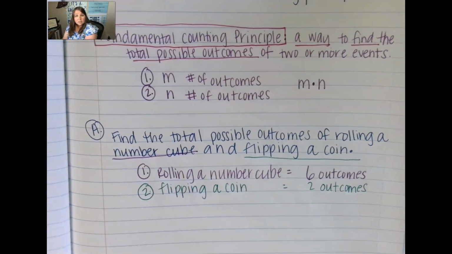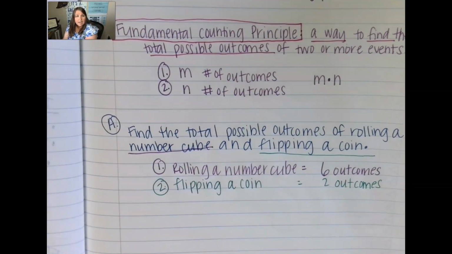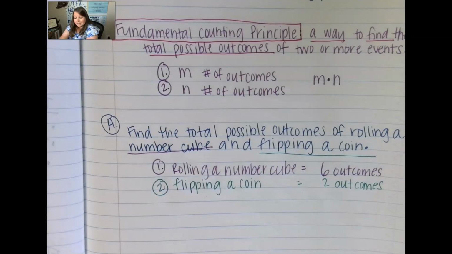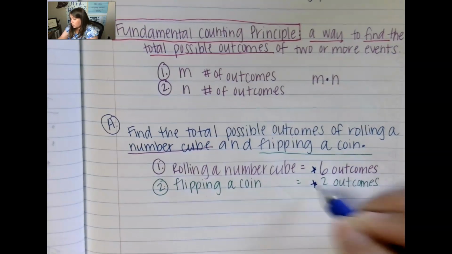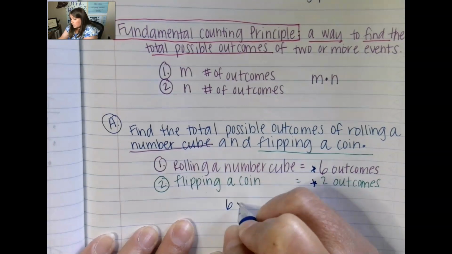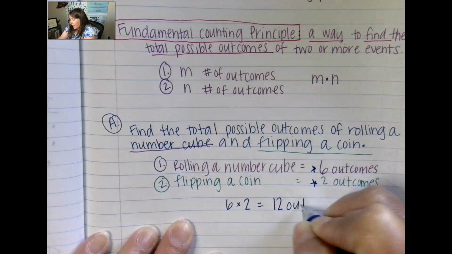Well, this fundamental counting principle says that instead of creating a sample space or a tree diagram, you can just take this 6 and this 2, and you can go 6 times 2, and you get 12 outcomes.